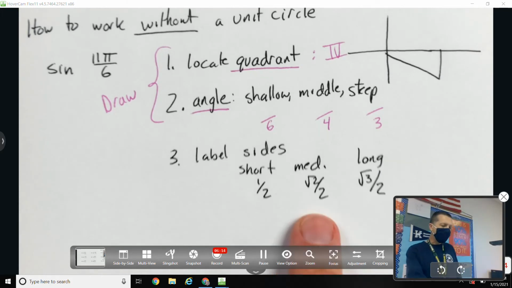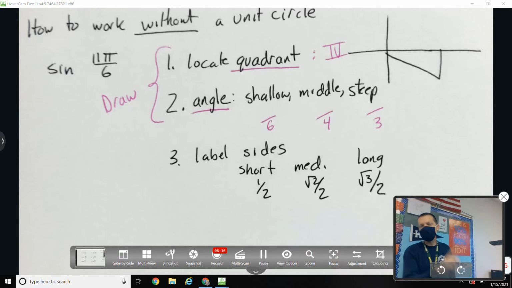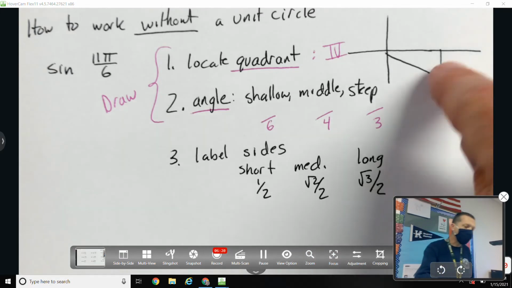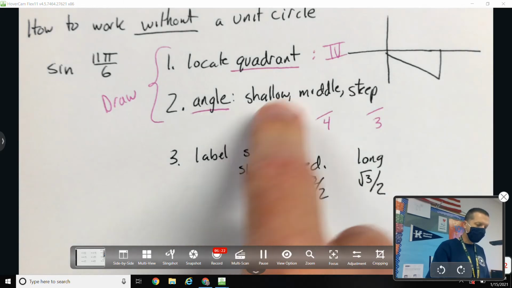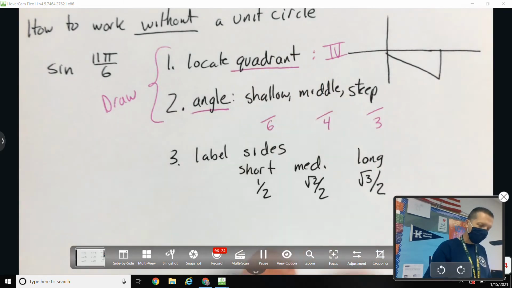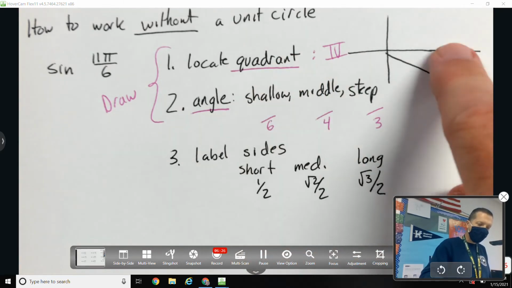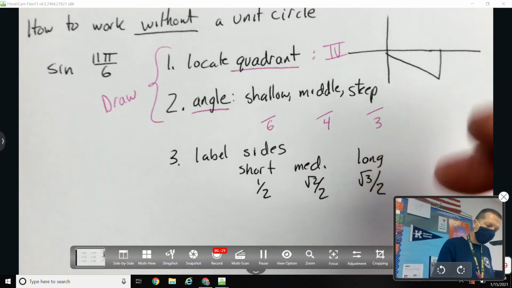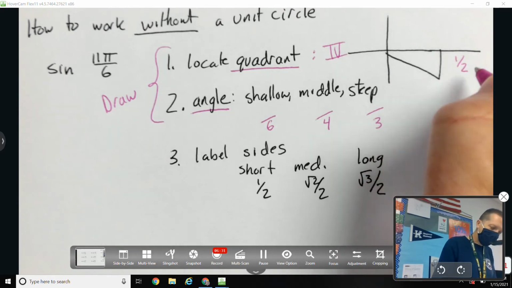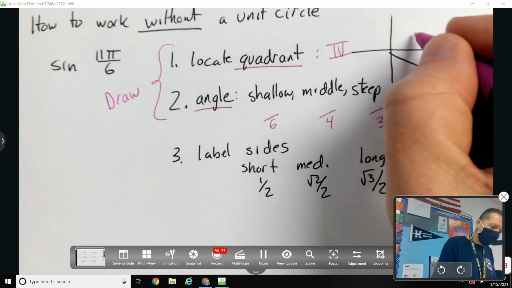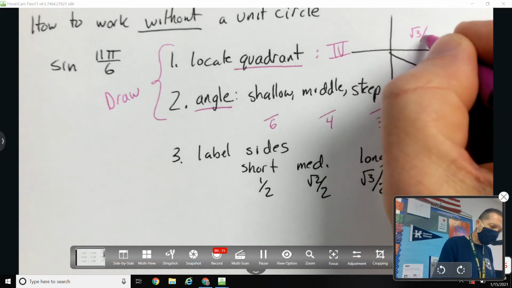Well, the medium only goes with the pi over 4s, right, when they're equal to each other. So I know it's not that. And because I drew the picture accurately, meaning in the right quadrant and it's shallow, I can just tell by looking that that's the short side. So that's got to be 1/2. That's the long side. So that's root 3 over 2.